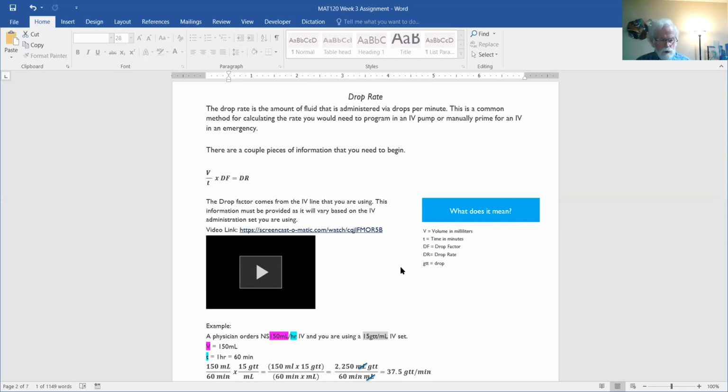I know you're used to seeing in your vital signs class using a pulse oximeter, where you actually read the pulse rate as well as the oxygen saturation of the patient. We don't have anything like that on a venoclysis set.